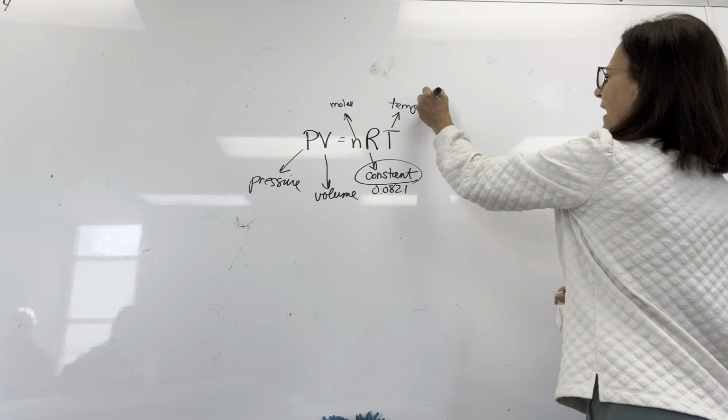When one variable goes up and it causes the other variable to go up, that is a direct relationship. So we have two types of relationships, direct and inverse. Direct is when one variable increases, the other one increases. Inverse is as one increases, the other one decreases.